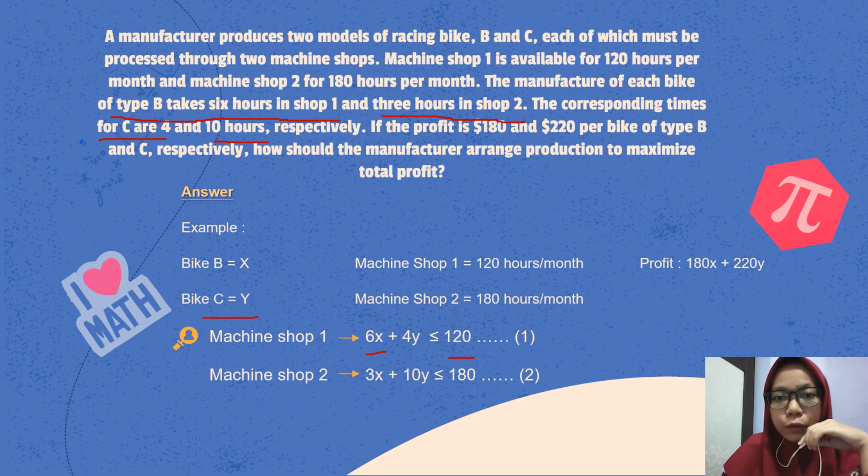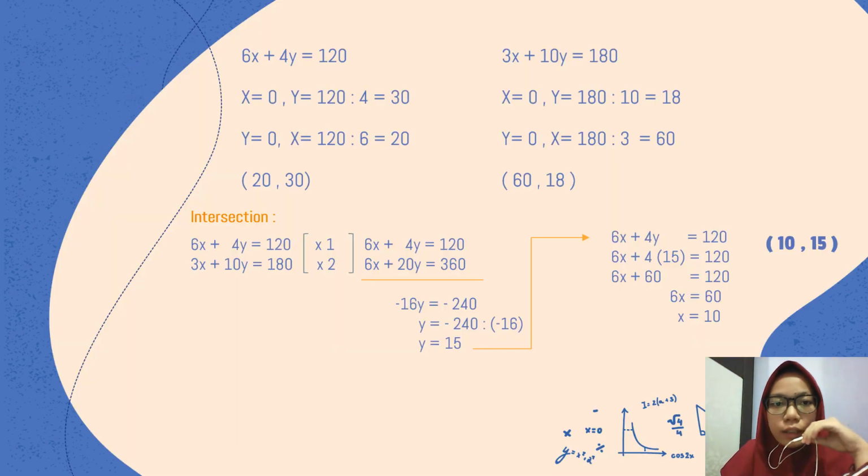And then if the profit is 180 and 220 per bike of type B and C, respectively, how should the manufacturer arrange production to maximize total profit? From the question, the equation of profit is 180x plus 220y. Next, from the equation, we find the x and y.